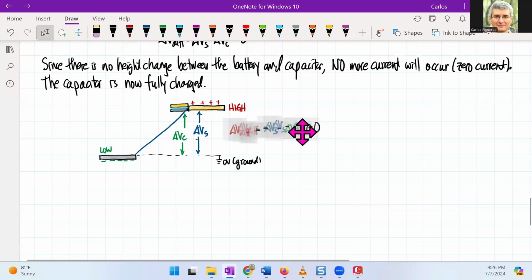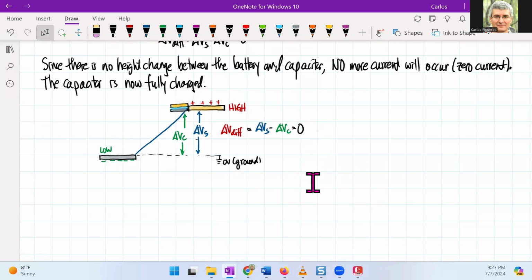So now if I look at how high these guys are, I'm going to come in here and draw them like this. I'm now going to say that I have my capacitor. And then I'm going to look at my plate. So when I look at my plate, note that my plate has how much charge? I'm going to say it has this much charge. And now my incline is flat.